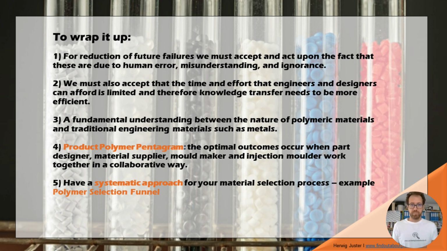And what we discussed with the polymer selection funnel, a systematic approach in your material selection process, will help you not fall into all these traps and keep a good overview.